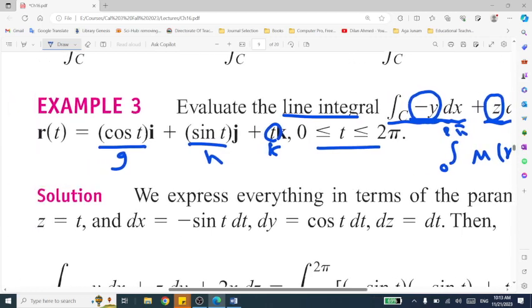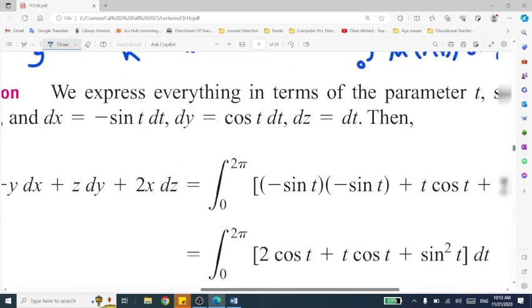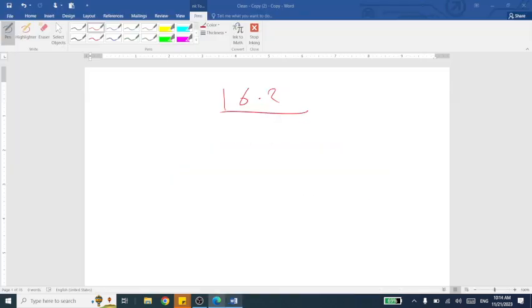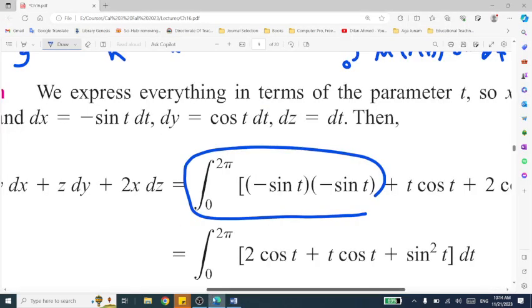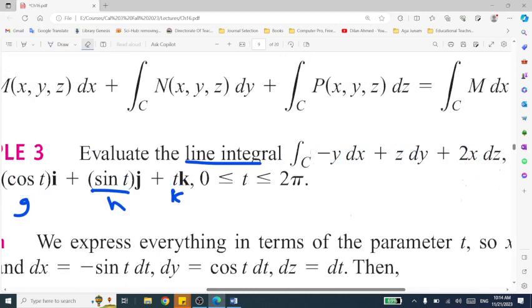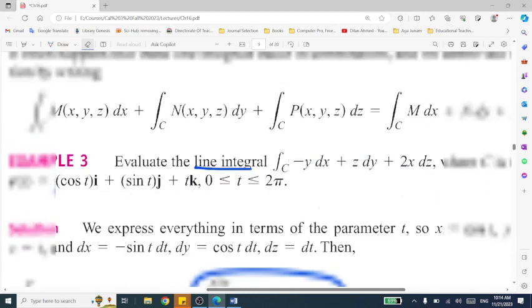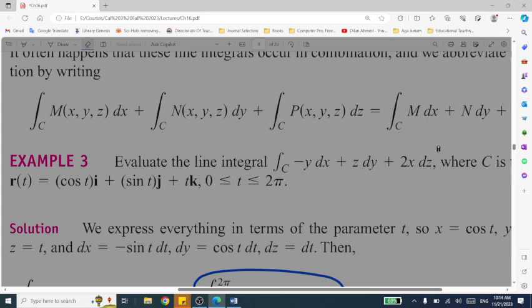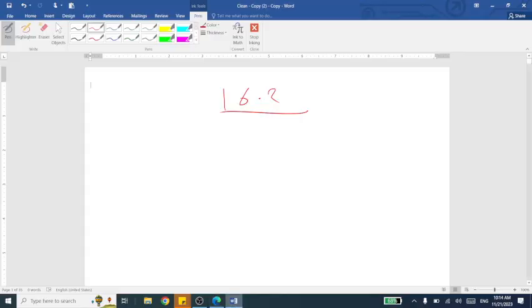First one, I say is equal to here. Let me write for you what I mean by this. First of all, here's your integral or your question.